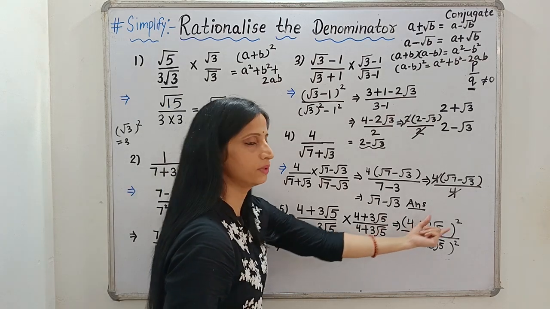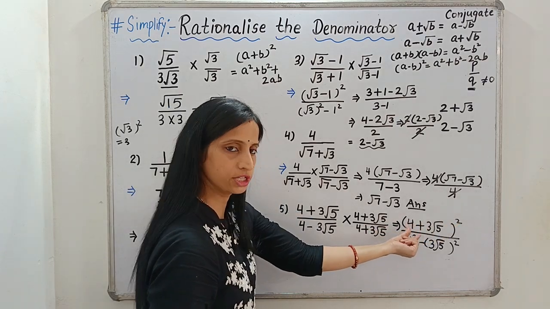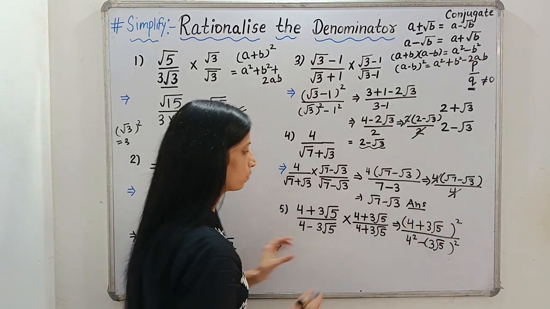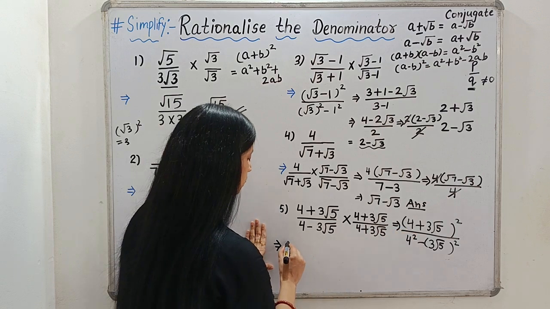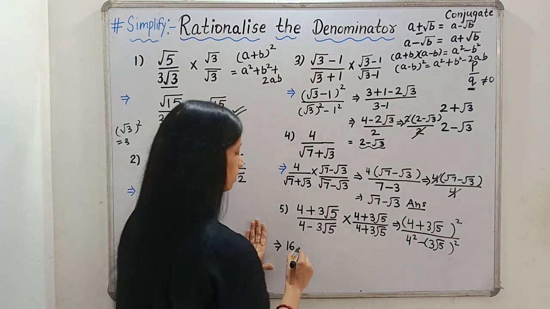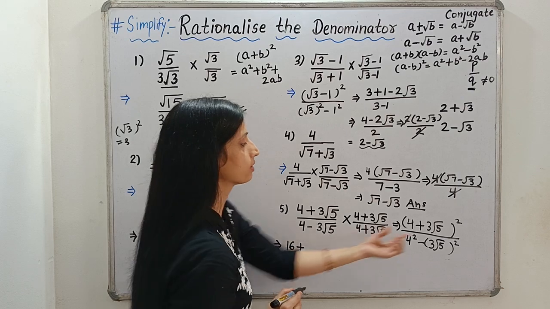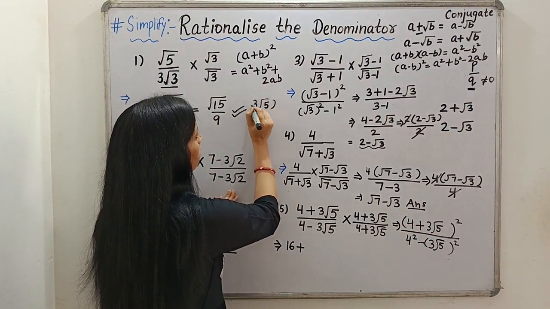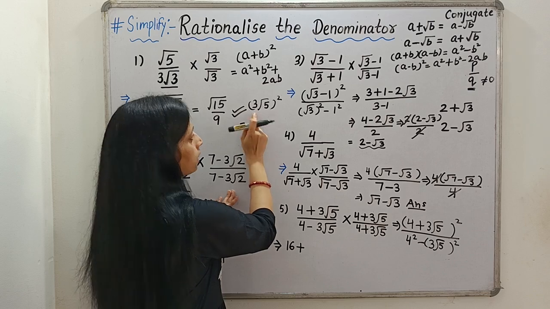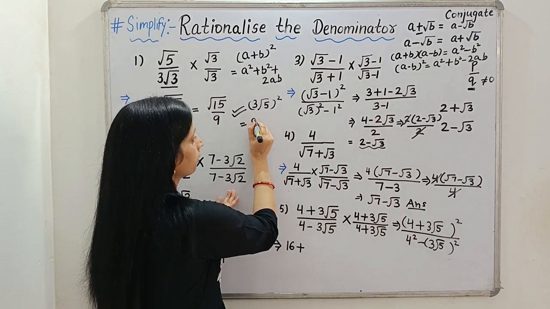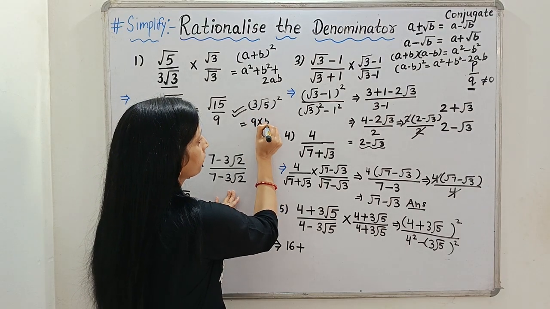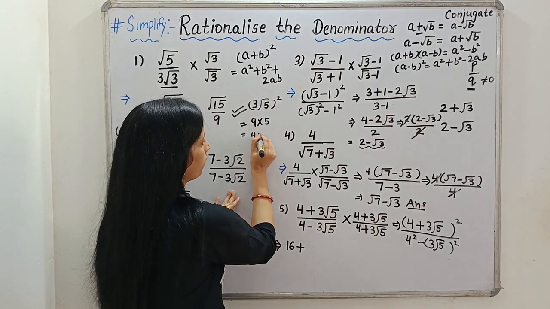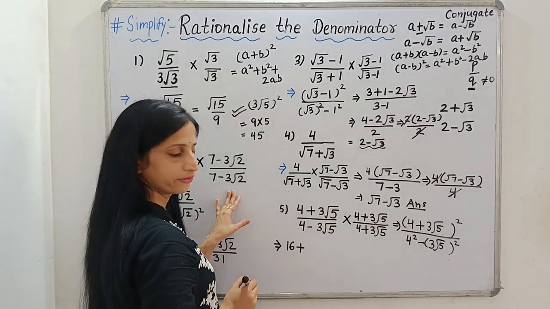Now let's simplify it. So it is a plus b whole square. So a square plus b square plus 2ab. A square. What will be the square of 4? 16 plus b square. B is 3 root 5. So 3 root 5, what will be its square? 3 square will be 9 and root 5 square will be 5. So after squaring this, we will get 45.